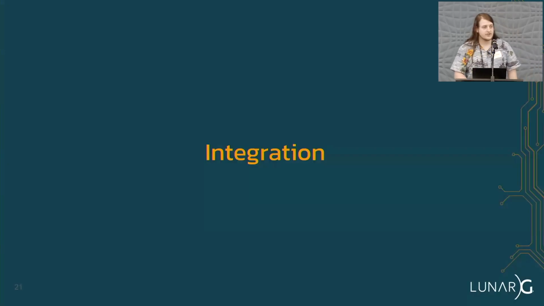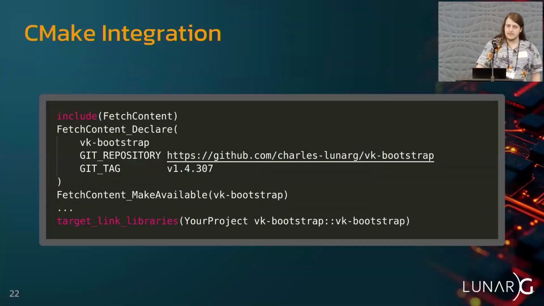And so integration, if I've convinced you, then you're now wondering, how do I get it into my project? With CMake and FetchContent, it's this. You include FetchContent, declare it, set the address, set your tag if you want, and then make available. Now you have vk-bootstrap in your project. That easy.